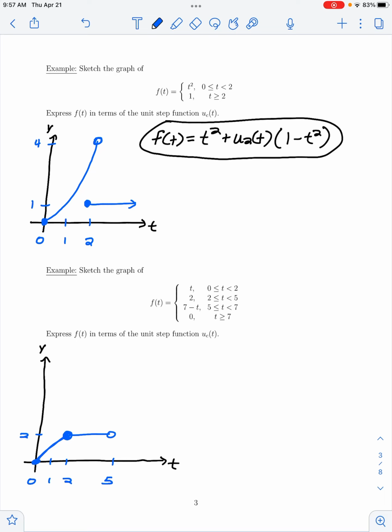And then at time 5, we change the definition of our function to 7 minus t. So when t is equal to 5, we have 7 minus 5, or 2. And then our function is valued as 7 minus t, so it decreases linearly until we get to t equals 7.